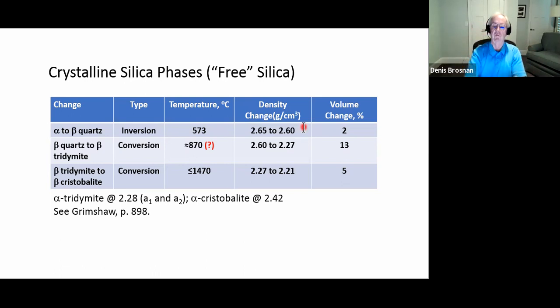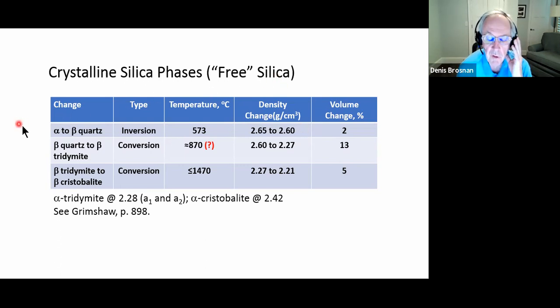Now, a volume change of 2% doesn't sound like much, but if the free silica remains as quartz after heating, then on cooling, you're going to go backward through that inversion, and we're going to have a shrinkage of 2%. And that shrinkage of 2% can be pretty important. It can cause cracking if you go through that inversion too fast.